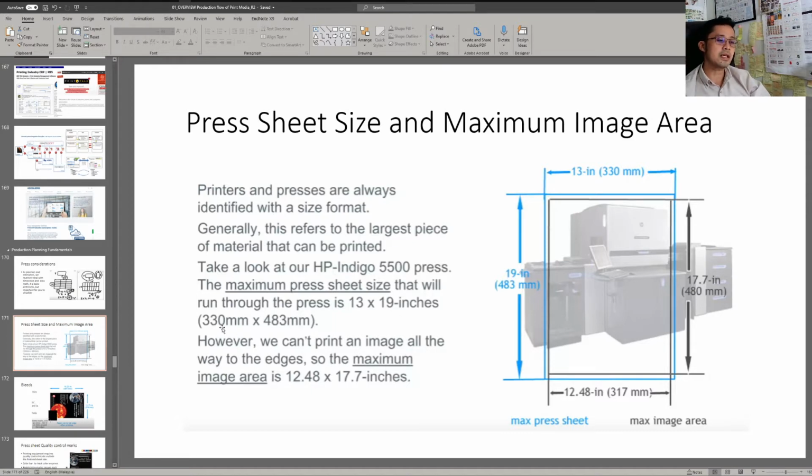Hujung kertas in this case 330 kali 483, sampai betul-betul hujung tak boleh. Why? What we call press capabilities. Semua benda ada capabilities tersebut. So the maximum image area is 12.48 by 17.7 inches.